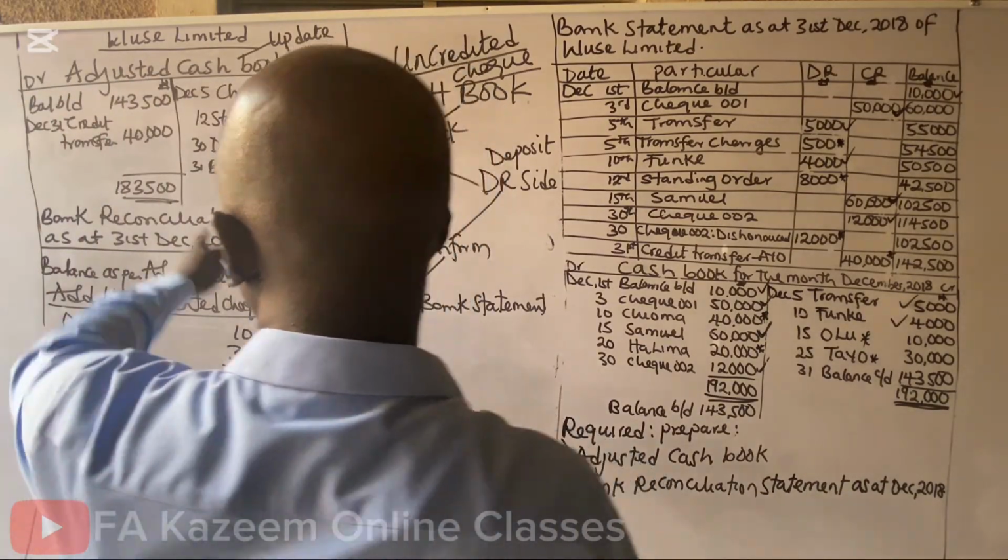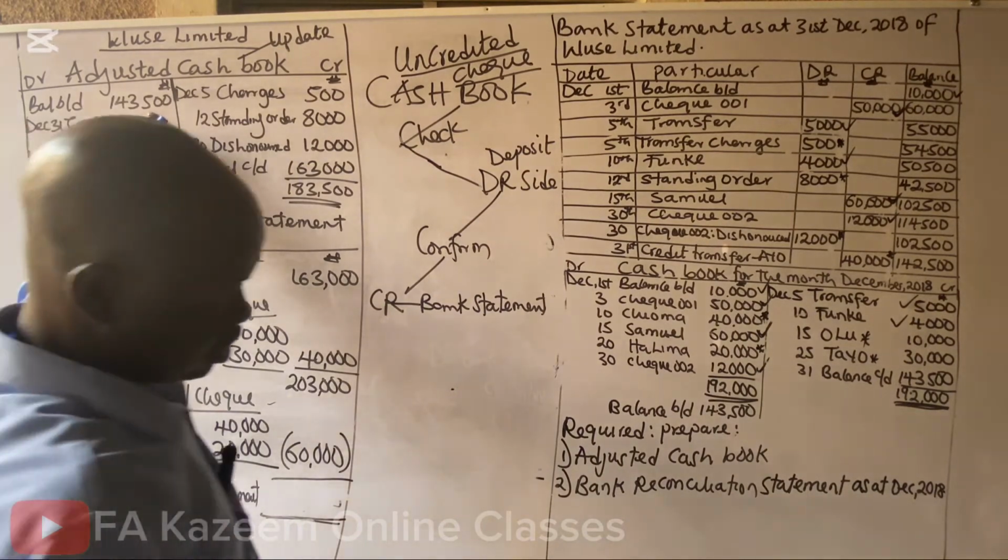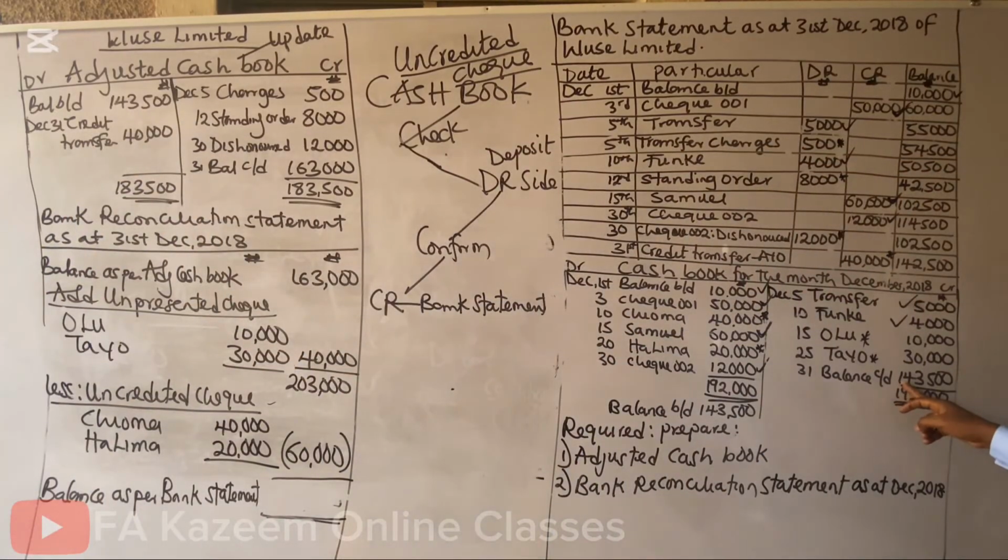At the beginning, we have 143,500. Help us to add this. There's a mistake somewhere. Help us to minus this from this. I think it is 143,000. Add this together. Something is wrong somewhere.